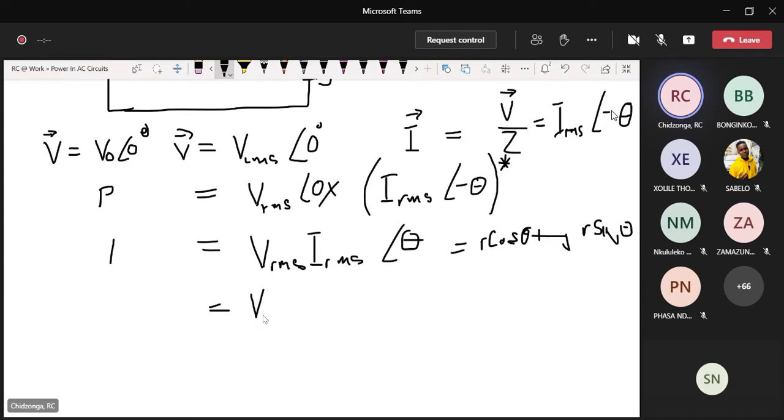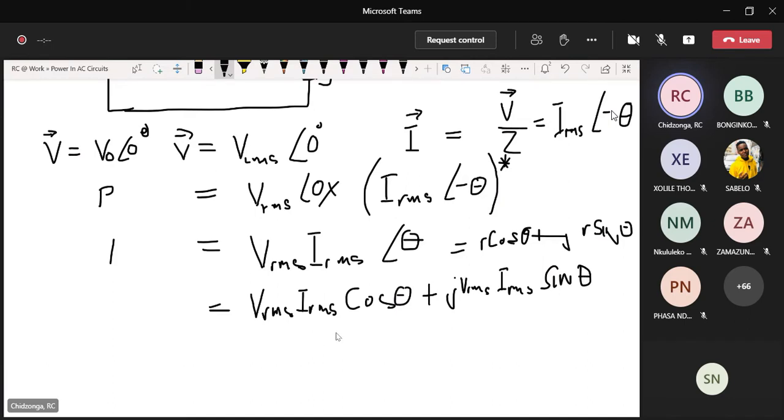So I'll write this as VRMS IRMS cos theta plus j VRMS IRMS sine theta, right?